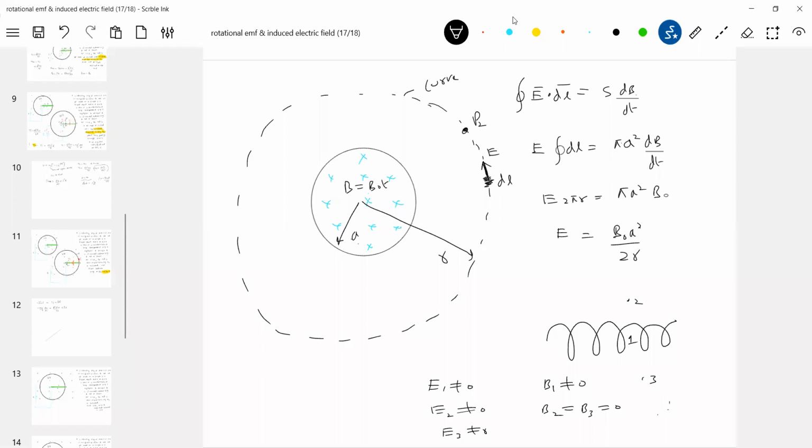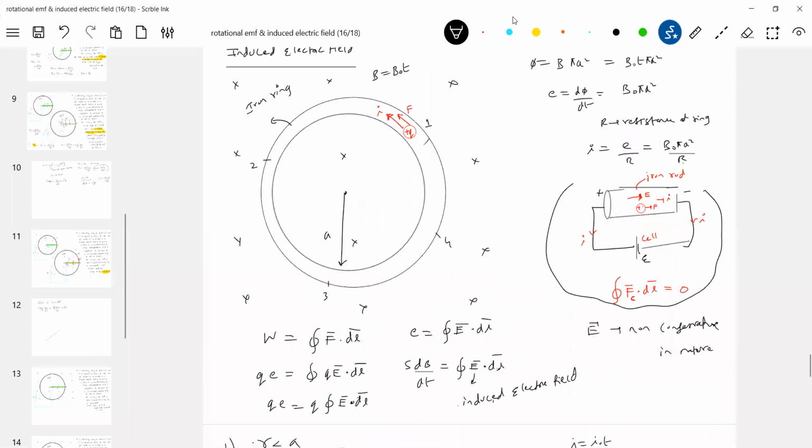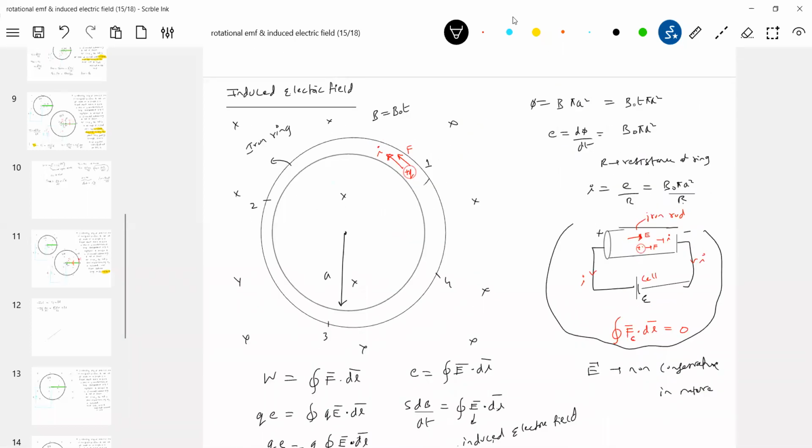So what is the basic idea? Wherever the magnetic field linking a loop varies, wherever a magnetic field is varying, there must be an induced electric field. Okay, let's do one thing. What made the charge flow? If I say potential difference, then work done by a conservative force in a closed path must be zero.